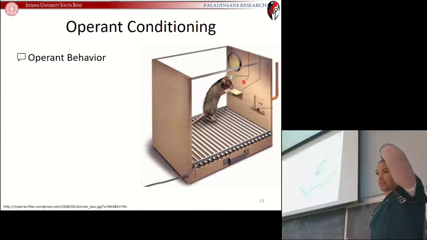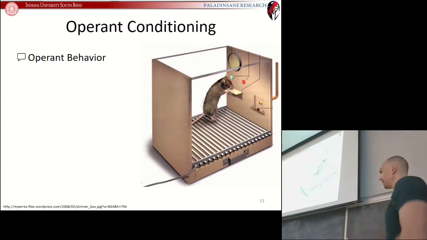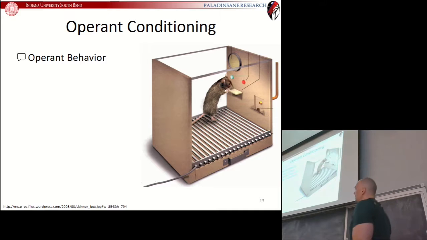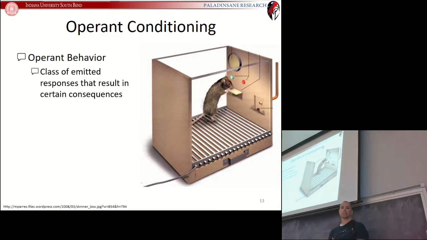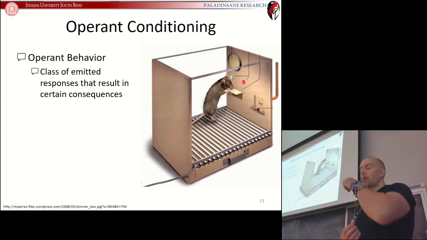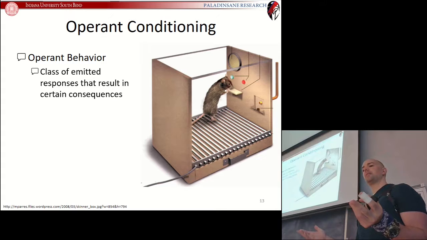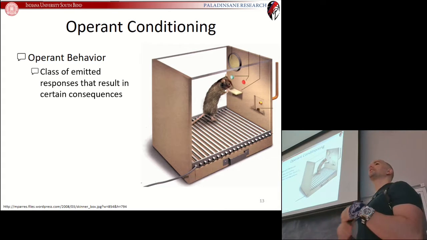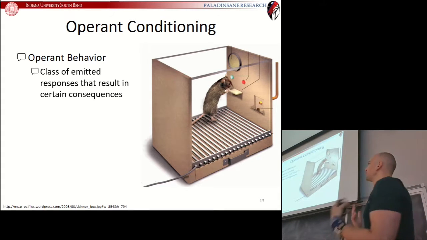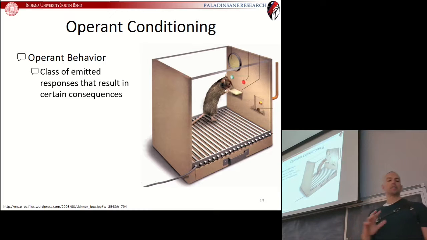So what are some of the terms for operant conditioning? Well, we have the operant behavior. This is behavior that is being learned or trained. So this is the class of emitted responses that result in certain consequences. They give it this definition, a class of emitted responses, because oftentimes there's more than one way to do something.